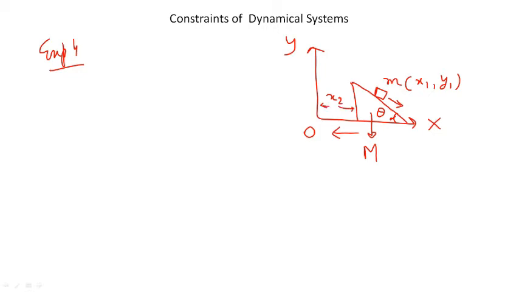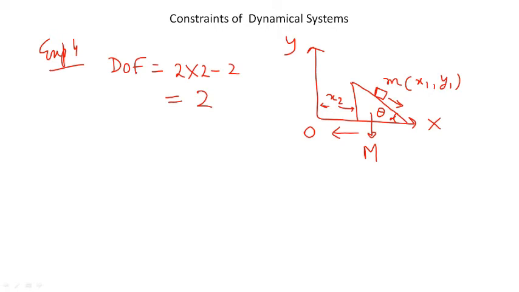Now here in this case the degree of freedom is 2 into 2 minus 2, and it comes out to be 2, because in the x1, y1 coordinates one coordinate will be independent and the other will be dependent.